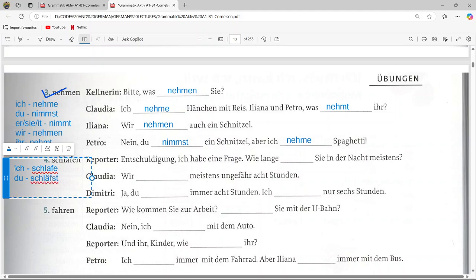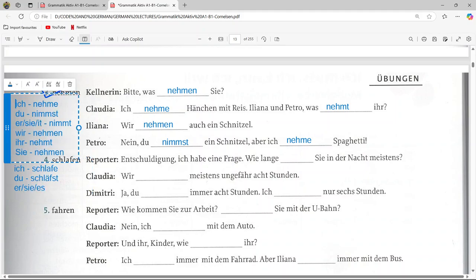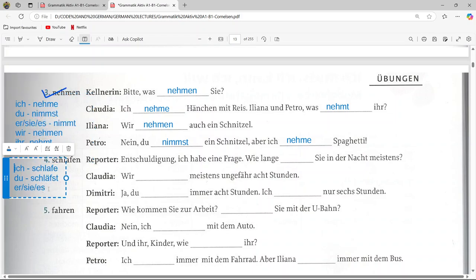Then for er, sie, es, here I have written es, it means it, but written in German, so it is es. Then this form is schläft.